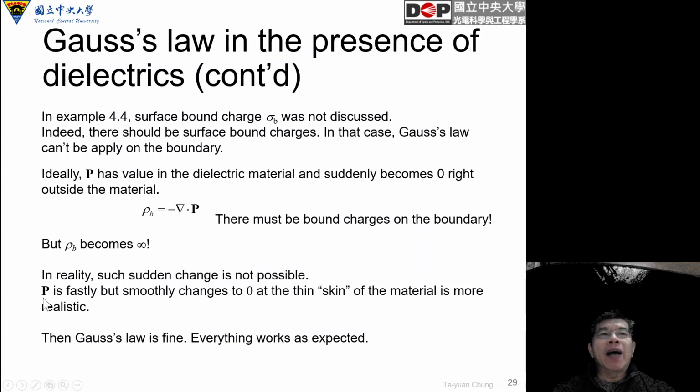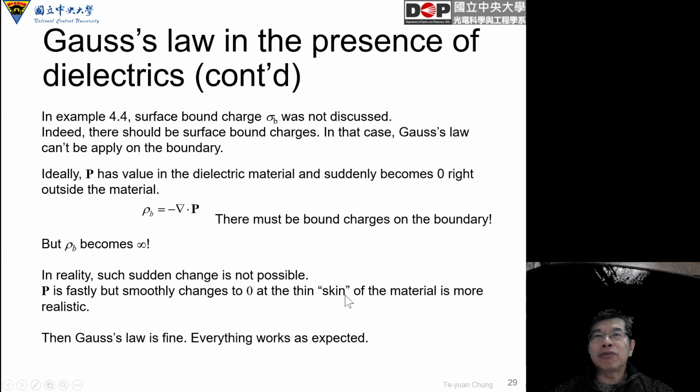So in fact, the polarization changes fast but smoothly to zero. So this divergence will be finite. So actually, there is really some surface charge anyway. This process changes rapidly but smoothly, so the sudden change does not make the divergence or the derivative become infinitely large.